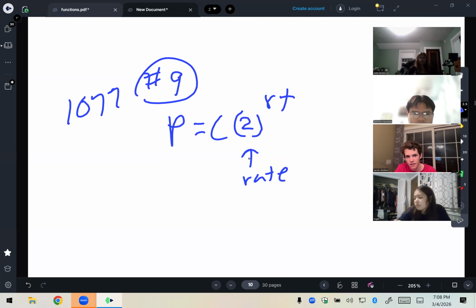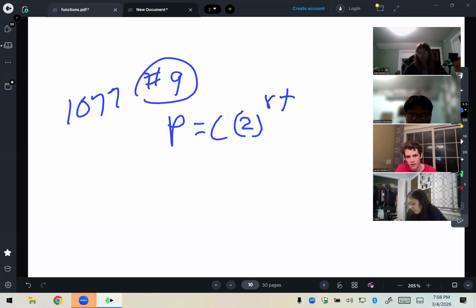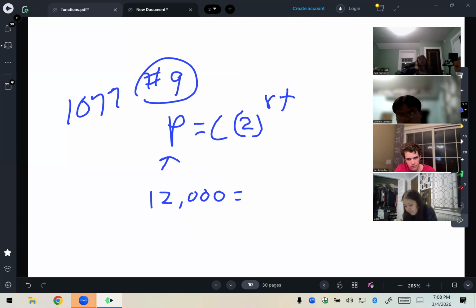So that 2 is always your rate. In this case, it's 200%. That's where the doubling is happening. And you should know that the 12,000 goes here. But what if you forgot? We can derive it. We say P, this would be 12,000, equals C times 2 to the R times 0.